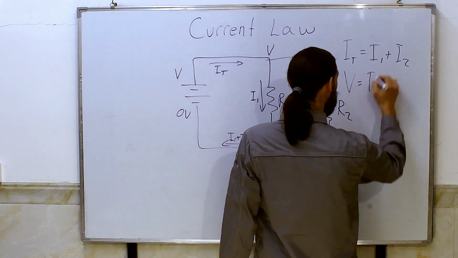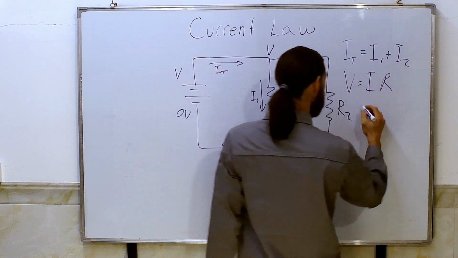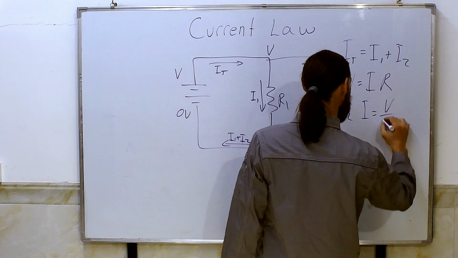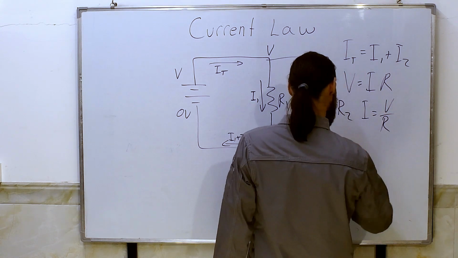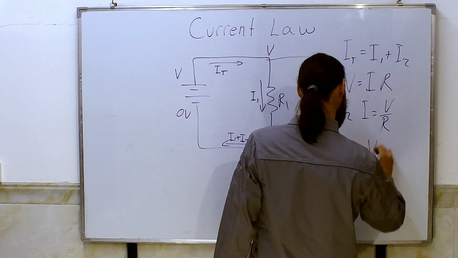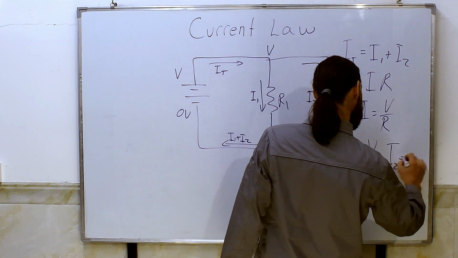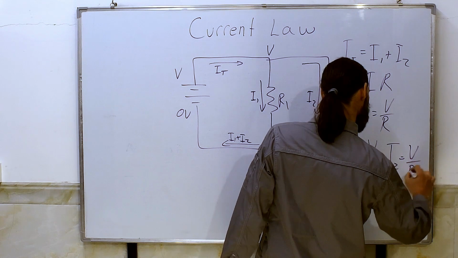V equals IR. We can rearrange to solve for I. So I is equal to V over R. And I1 is equal to V over R1. And I2 is equal to V over R2.